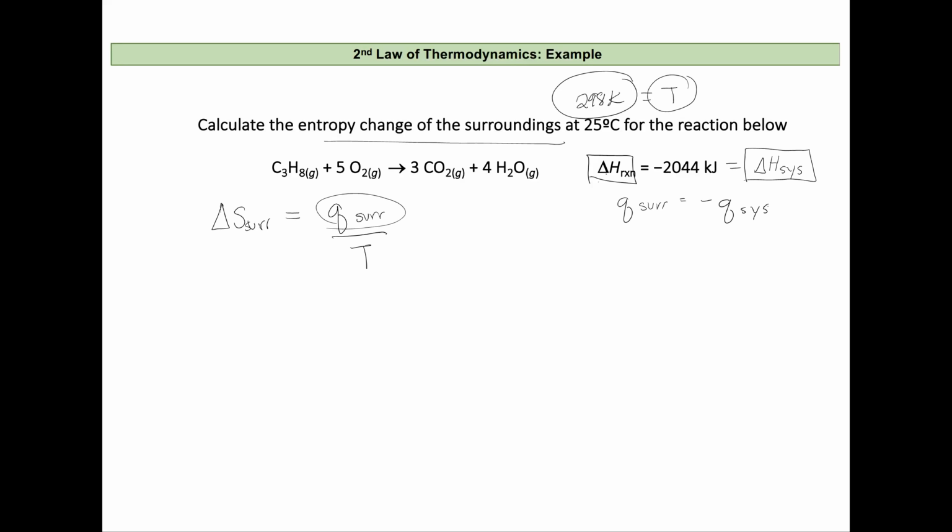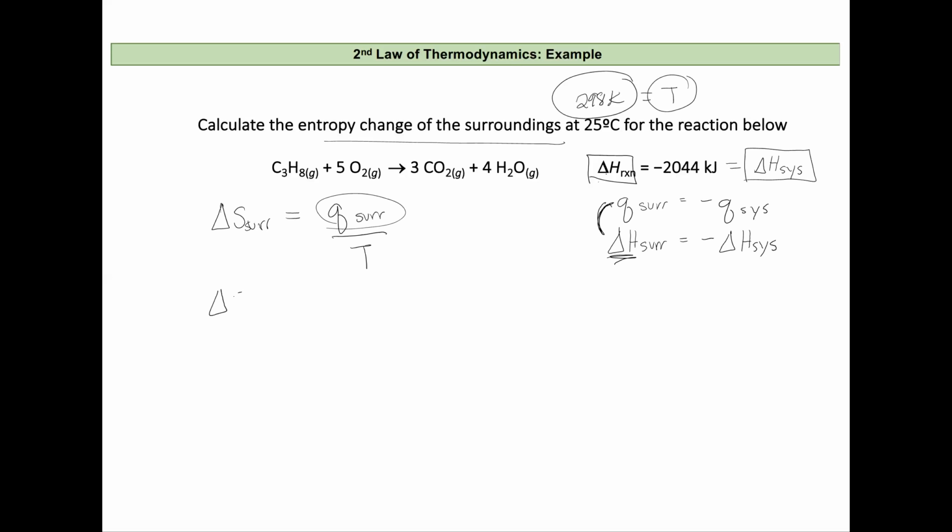And so in that case, we can say that the enthalpy of the surroundings should be equal to the negative of the enthalpy of the system. Remember, enthalpy is really about heat flow, about heat leaving or coming into a system that's endothermic or exothermic. And so we can equate these two together.